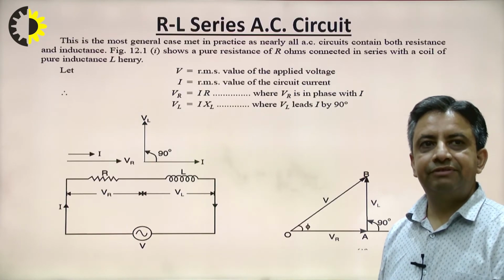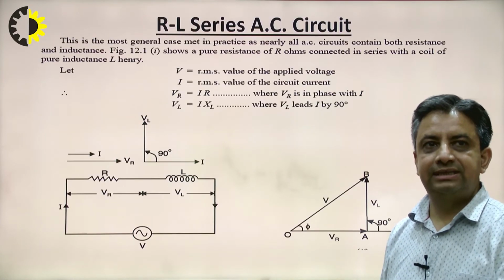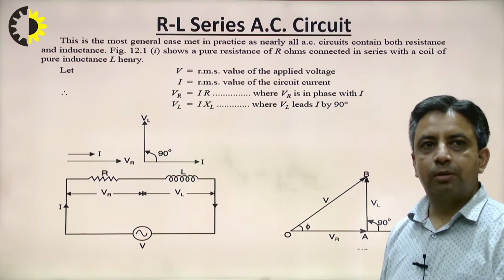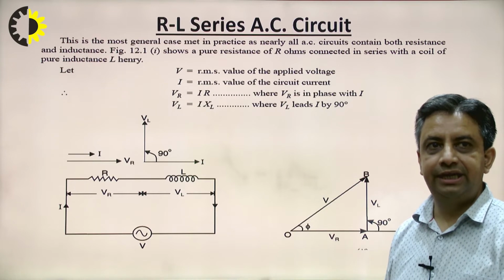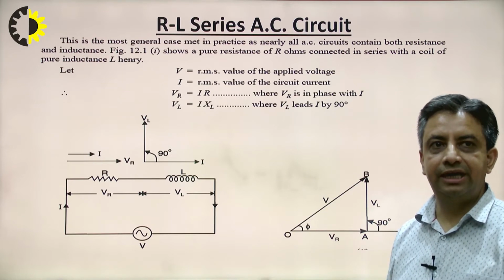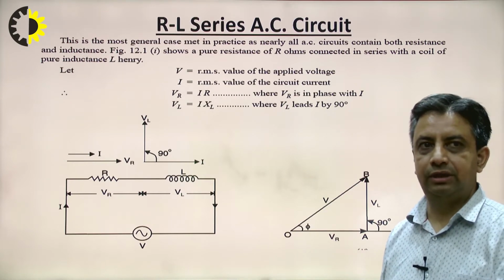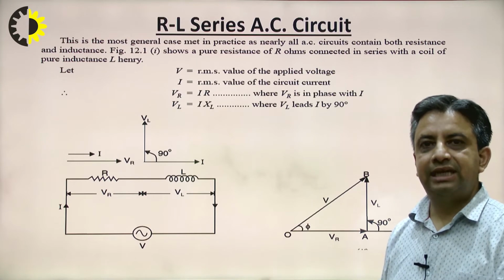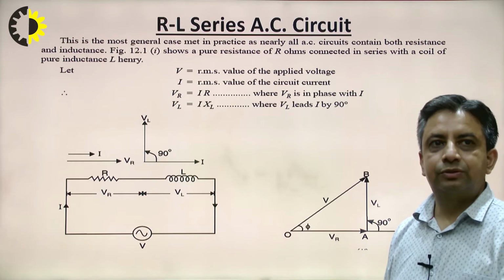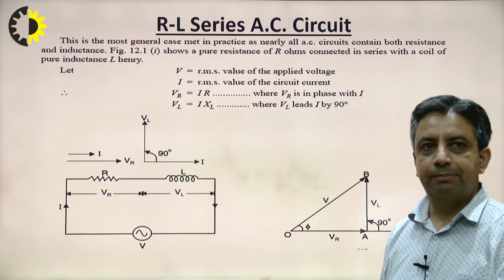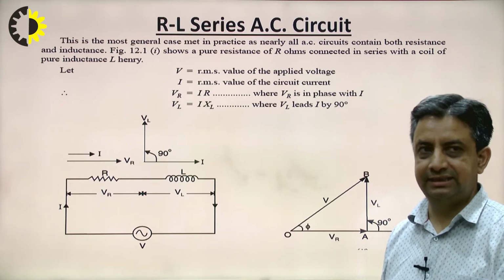So starting with the first type of series circuit, this is the most common circuit, as most of the loads present in day-to-day life are related to the RL circuit only. If we consider any inductive load, such as an induction motor, this is the best example of an RL series AC circuit.